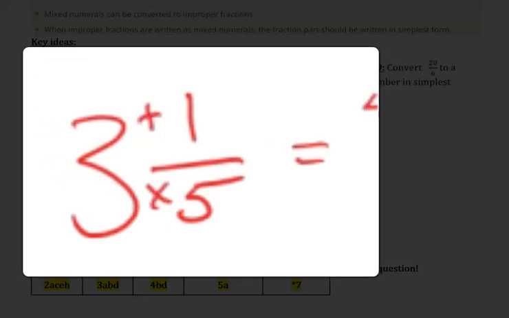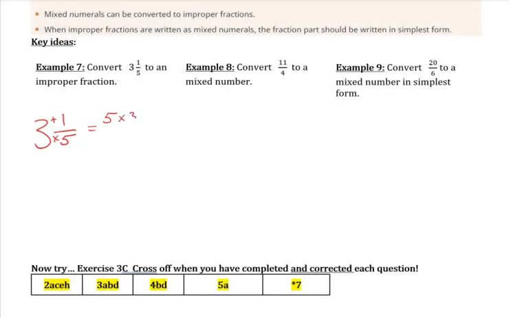The answer is 5 times 3, because that's how many sets of 5 over 5 I have, plus that 1 more fifth that we want to get in the end. And that means 15 plus 1/5, these are all fifths, or 16 fifths. So that's the shortcut version and really useful. You multiply the denominator by the whole number, and then you just add that 1 more fifth onto that.